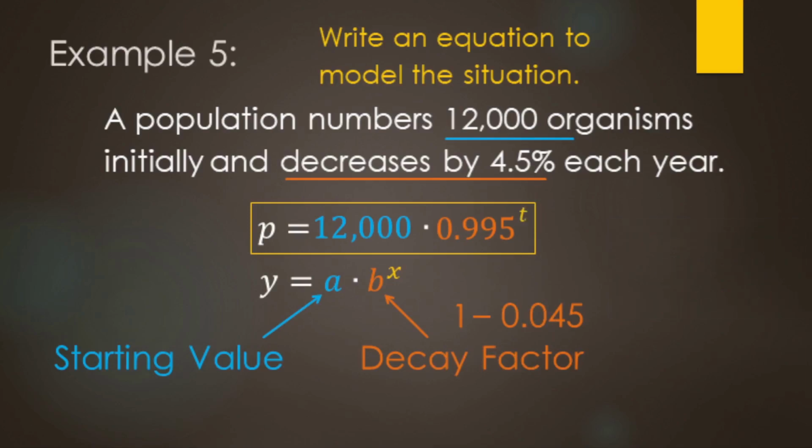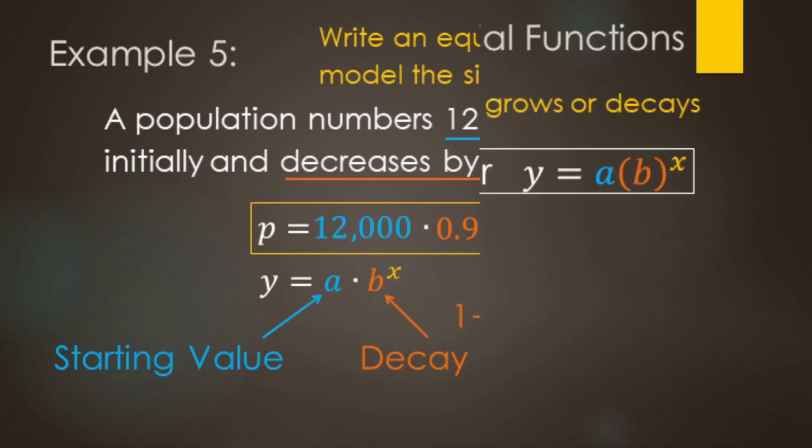And then we still have our exponent there, t for time in years. Okay, so here we can say the population started at 12,000, and then each new year there's going to be 0.955 remaining per year. Okay, so that's what's going on with this function here.